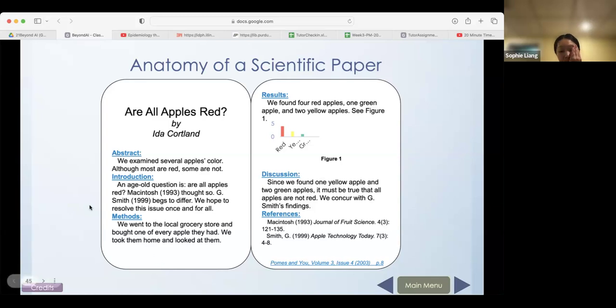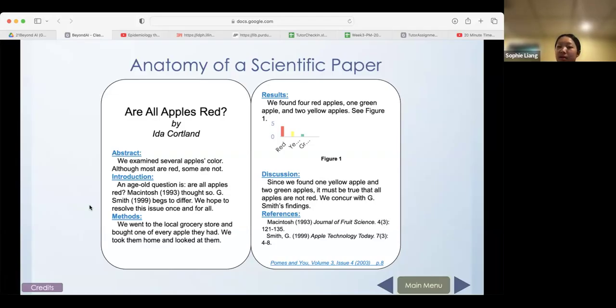Okay, and then after that is the discussion section. It says, "Since we found 1 yellow apple and 2 green apples, it must be true that all apples are not red. We concur with Smith's findings." So this explains the data. They found 1 yellow apple and 2 green apples.